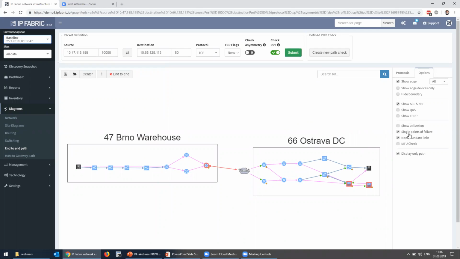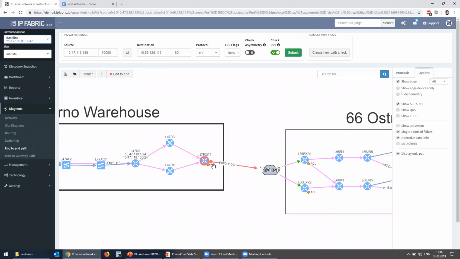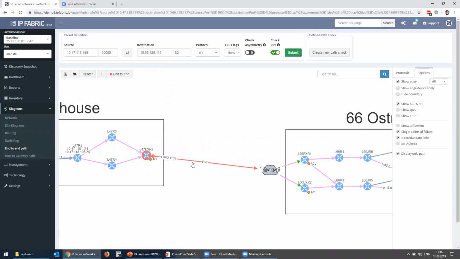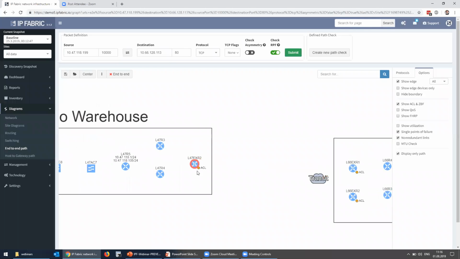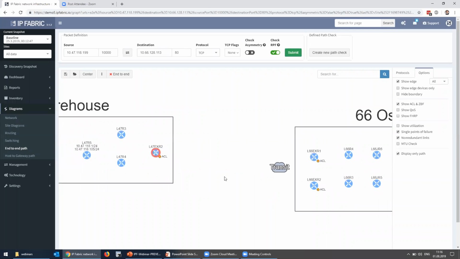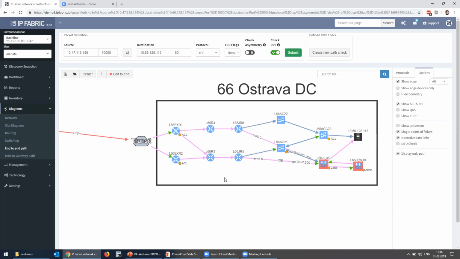So having the single points of failure and non-redundant links turned on, we can look at this specific path and see that here we have a red connection where there is only a single routing link from this site. So I guess this site is not redundant. That was not part of our problem, so we can ignore that.